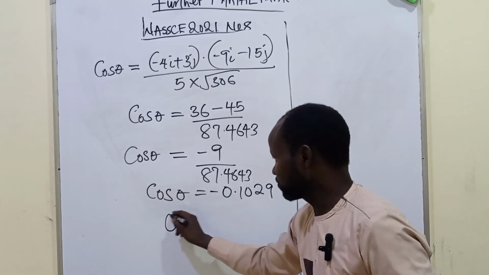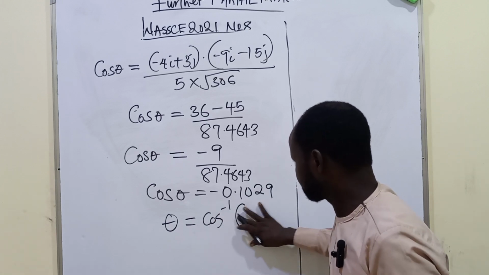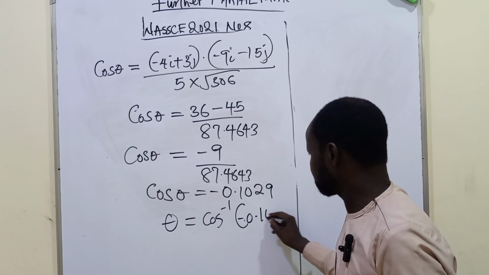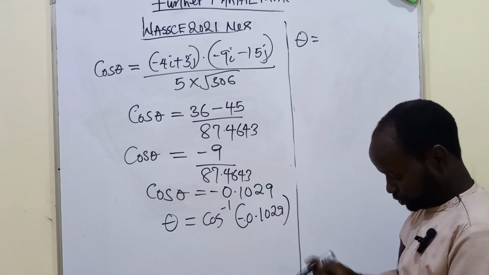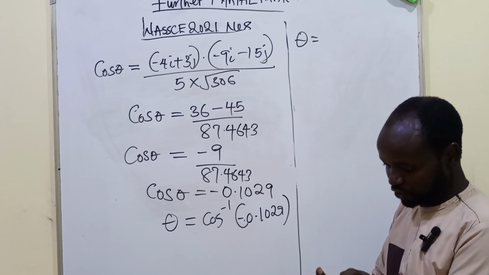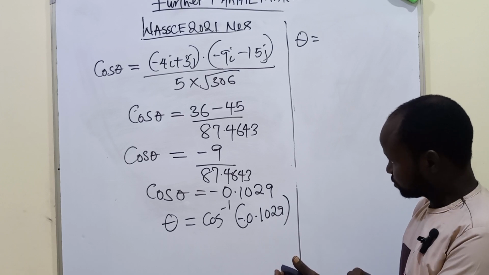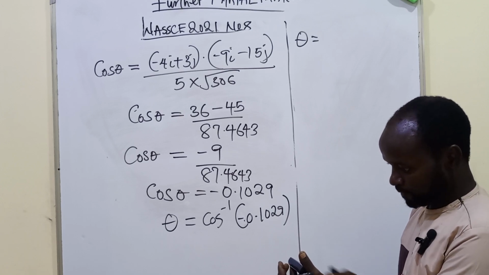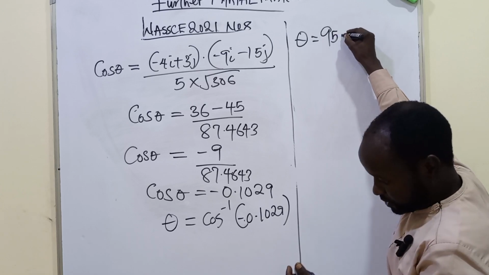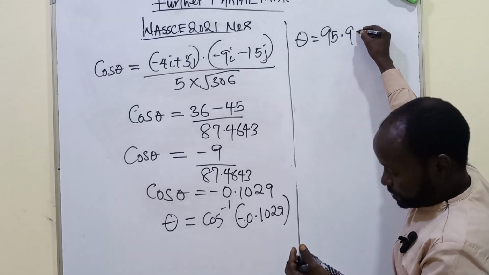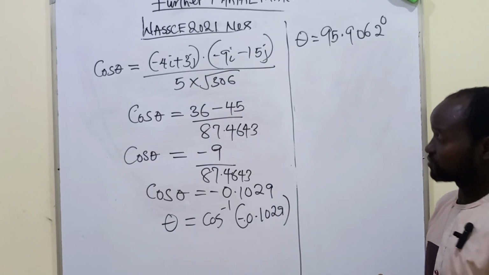Theta will be the cos inverse of -0.1029. Ensure that your calculator is in degree mode. We press shift, cos inverse of -0.1029. That will be 95.9062 degrees.